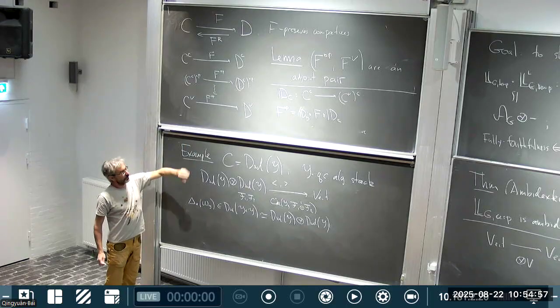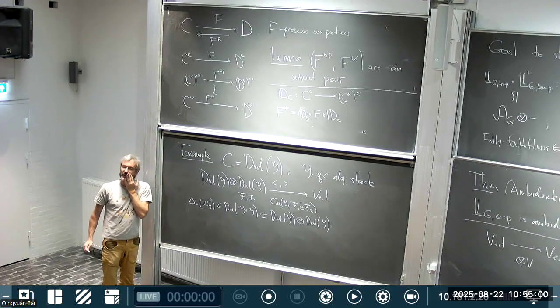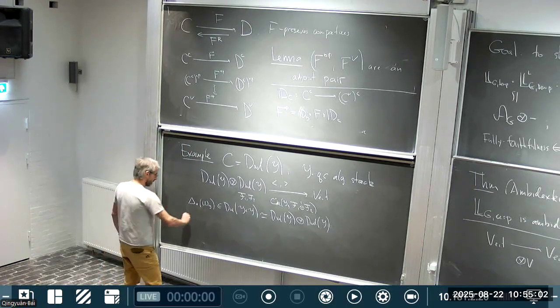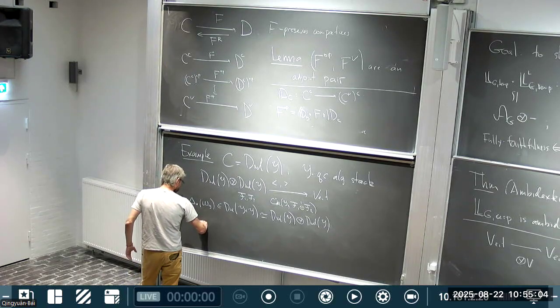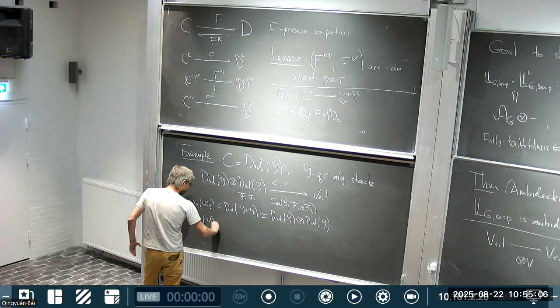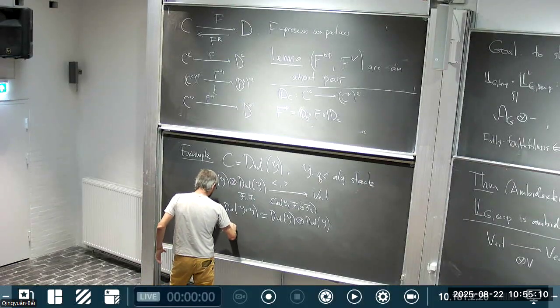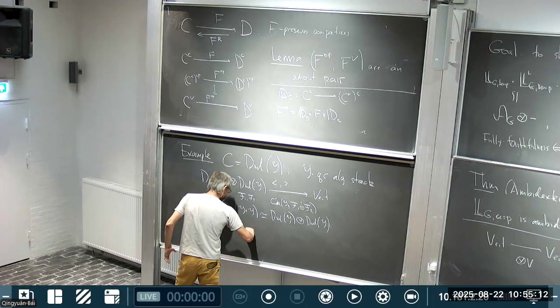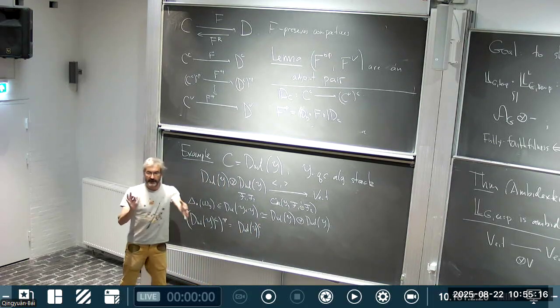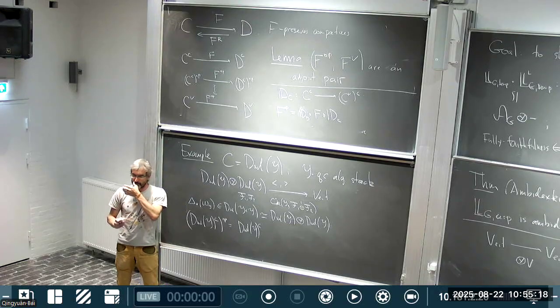Now let me tell you about it. This implies that there's some identification between compact objects of D modules on Y and its opposite. So there's a contravariant automorphism of the category of compact objects.